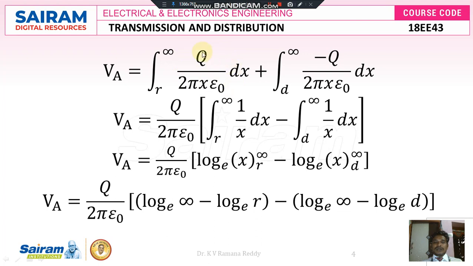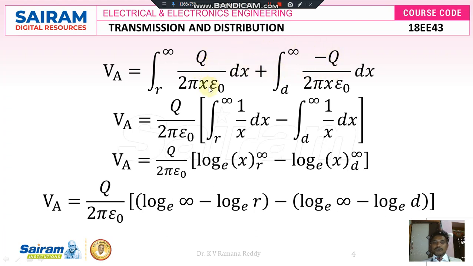This is the charge at conductor A, plus at a distance d from conductor A there is one more conductor, B. So from a distance d to infinity, there is the charge of conductor B, that is minus q divided by 2 pi x epsilon naught dx.